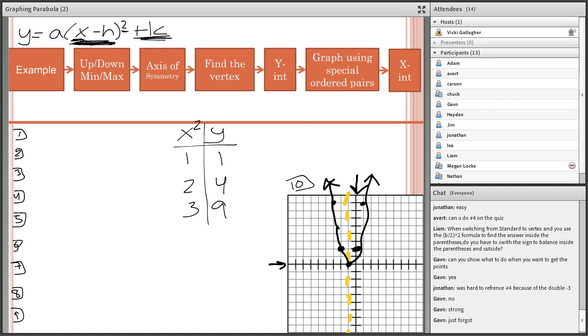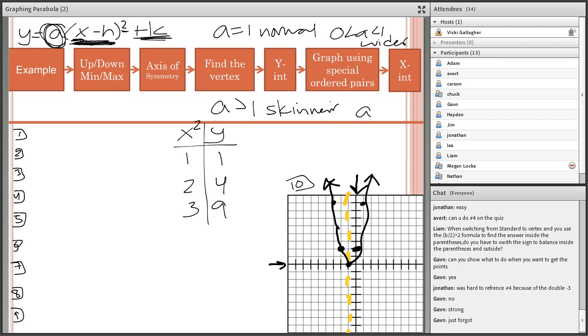Sometimes, though, our parabolas change shape, and they change shape based on the letter A. So when A is 1, it's going to be a normal size. But if A gets bigger, then it's going to get skinnier. And if A gets smaller, it's going to get wider.